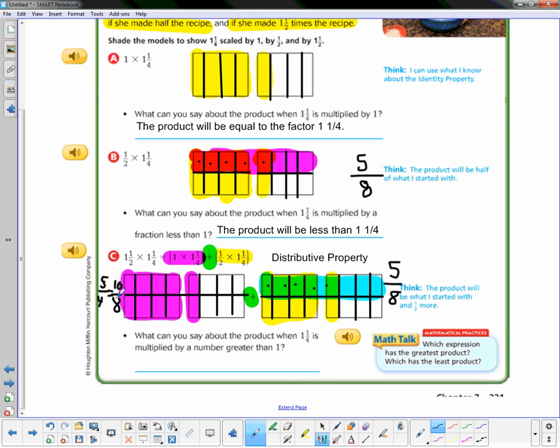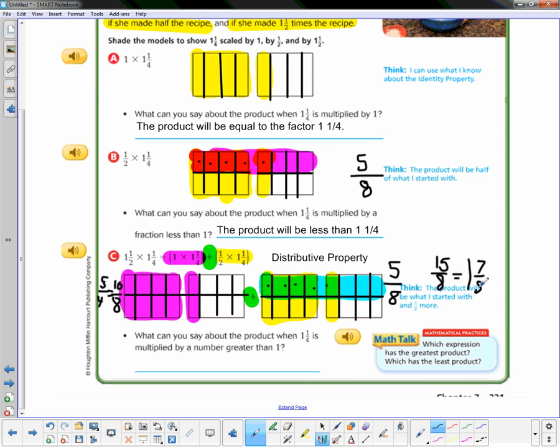So remember, it's the same. It's an equivalent fraction. We're just showing that that's how we did it. We distributed it out, did it piece by piece, and then we're going to add it together. 10 eighths plus 5 eighths is 15 over 8, which 8 can go into 15 one whole time with 7 left over.